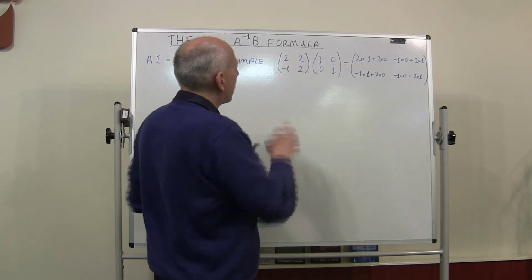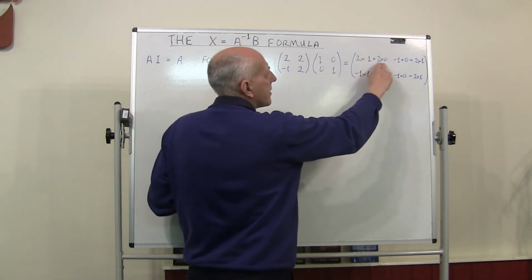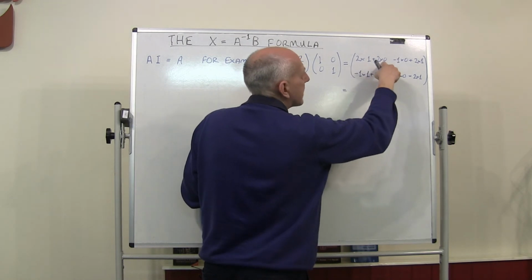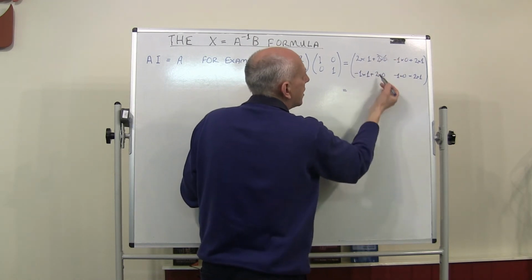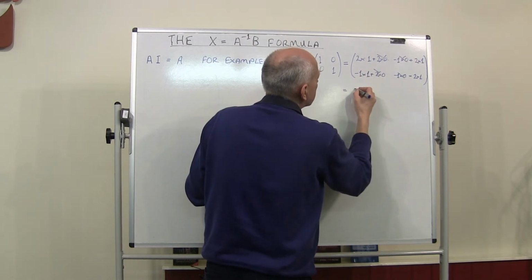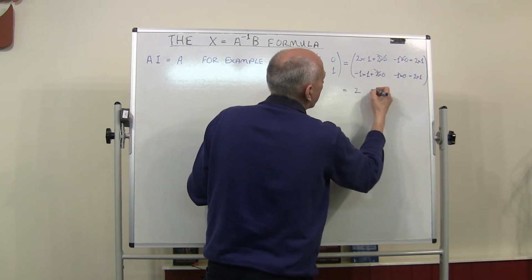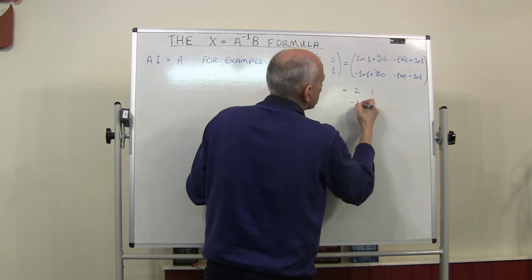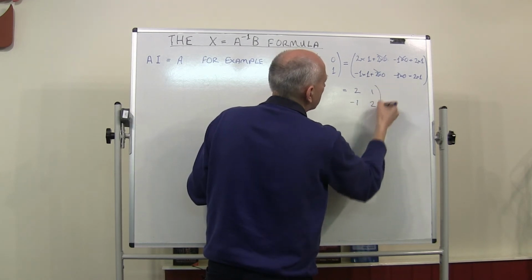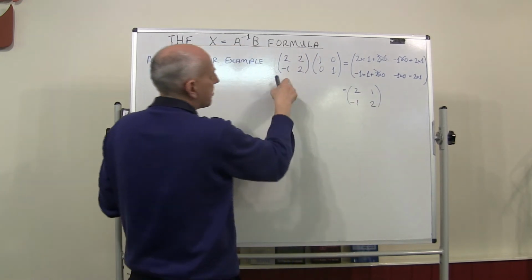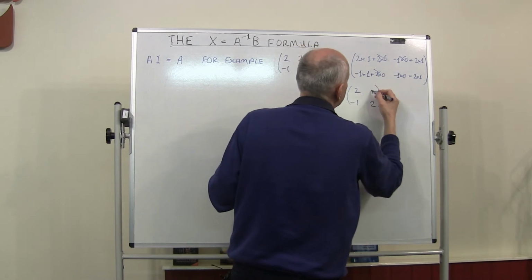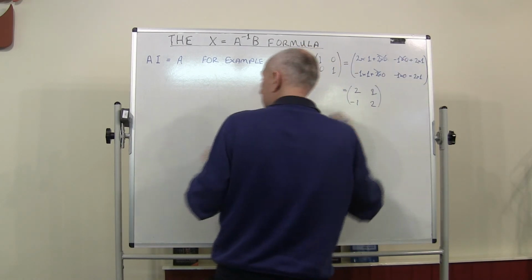If I multiply them out, try it for yourself, I get these numbers, which then leaves me with, so 2 times 1, 2 times 0, it's gone, so that's gone, that's gone, that's gone, that's gone. So I've just got 2, I've got 1, I've got minus 1, and I've got 2, which should be the same as that. That there should be 2, and it is 2 there, to be fair.